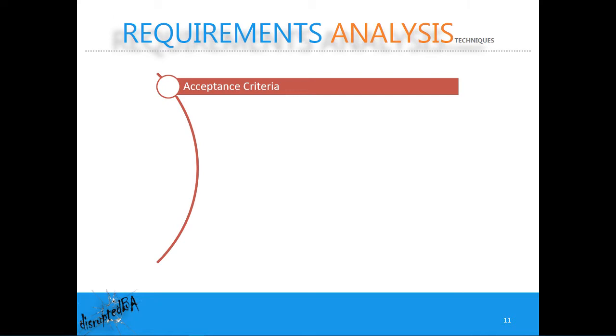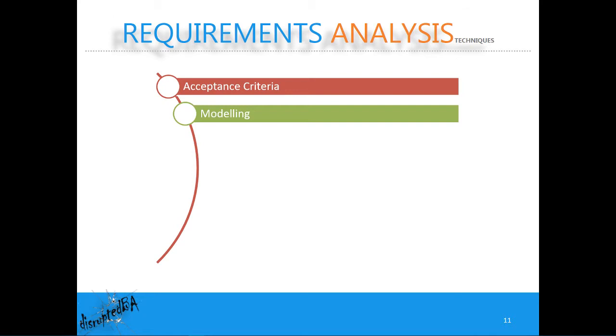You need to be able to set up a list of acceptance criteria against which you will evaluate the requirement, and this will tell you whether this is a doable or a good requirement or not. If you cannot do a set of acceptance criteria for a requirement, then it's not a requirement at all.